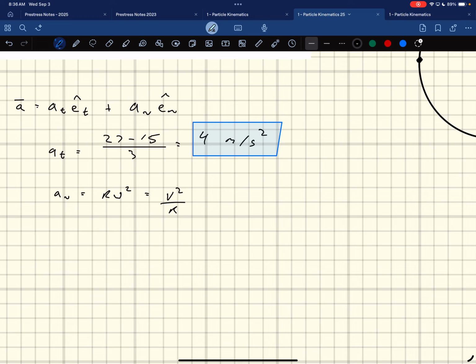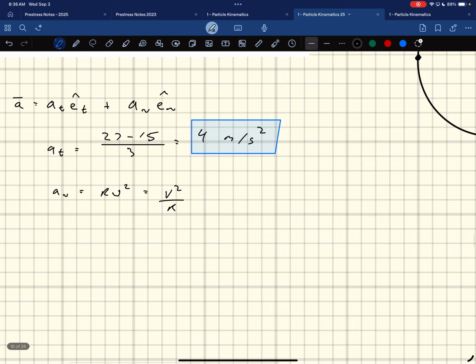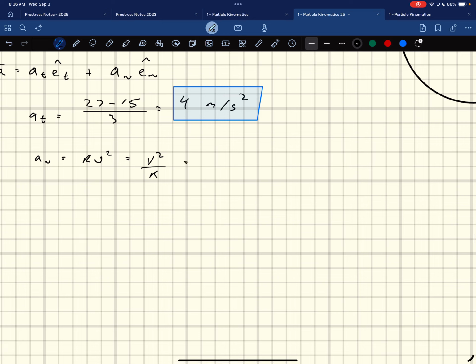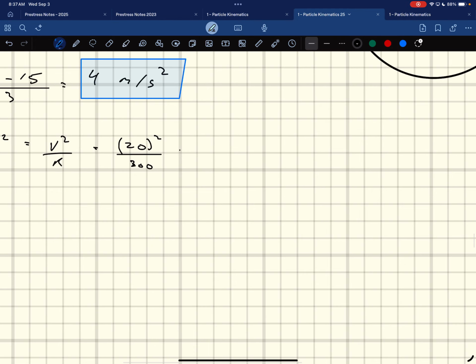I could turn everything into omegas and then do R omega squared, but they tell us that the velocity is 20 meters per second, which is what we're solving for. So V squared over R is equal to 20 squared divided by the radius, 300. That'll be 1.33 meters per second squared.